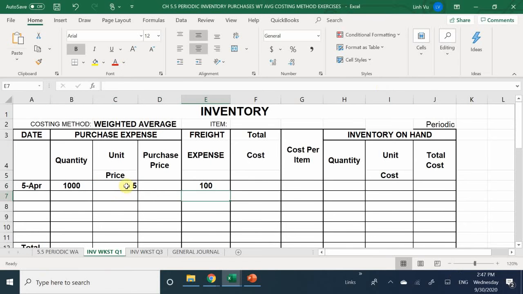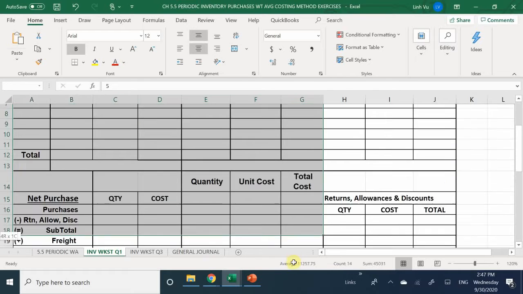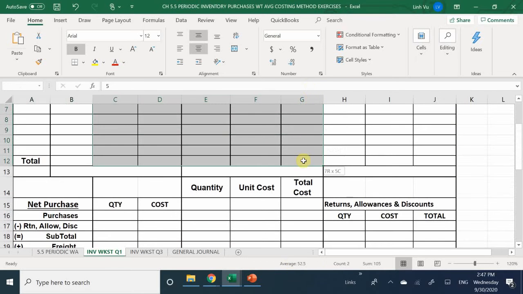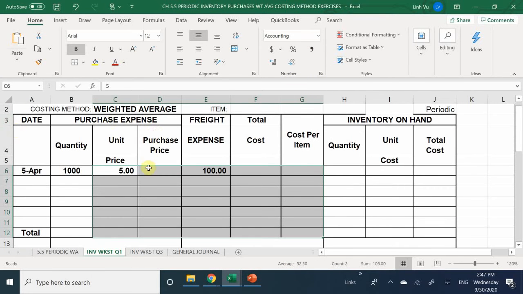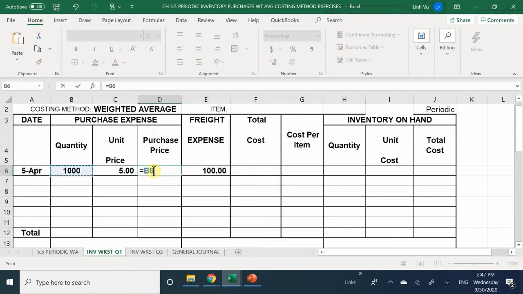So what is my total purchase price? Purchase price is $5,000, good, and the total cost with freight is $5,100.